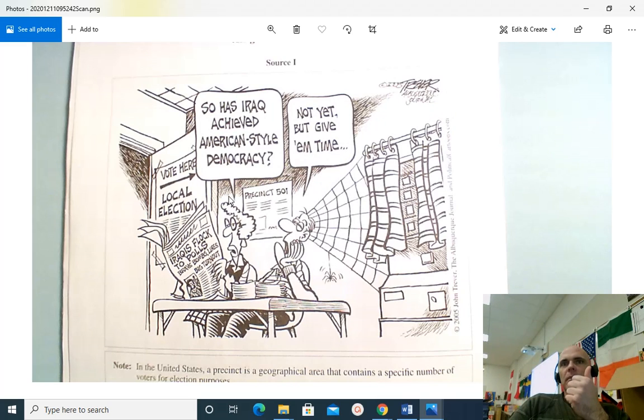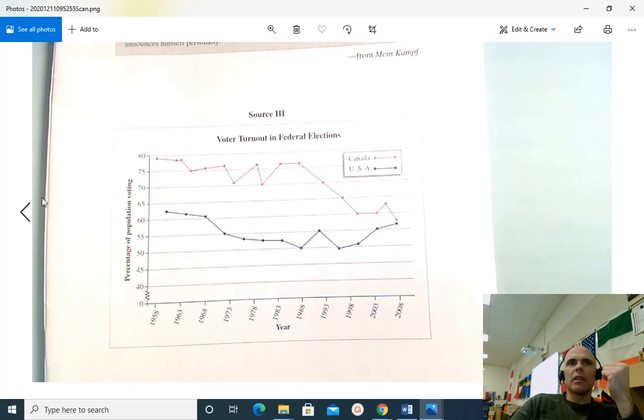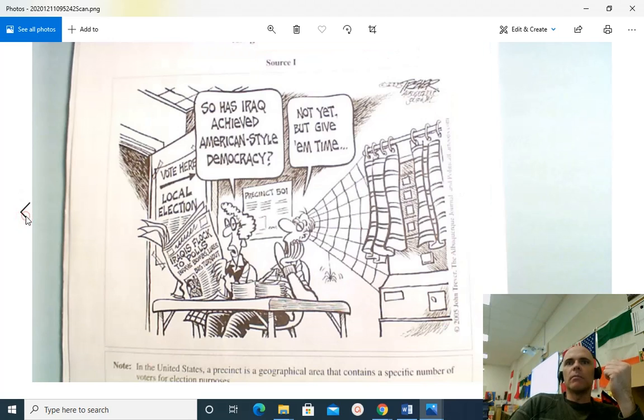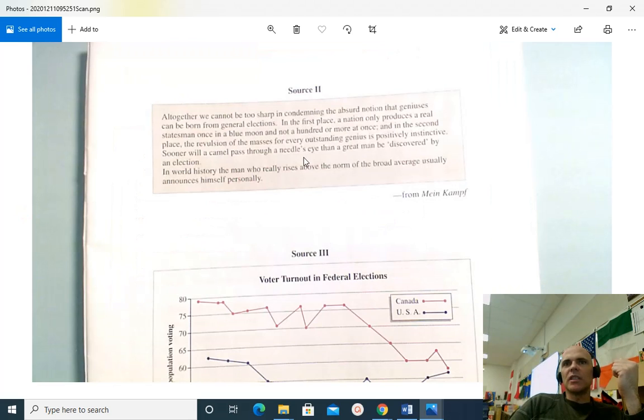Democratic elections are flawed because of apathy, because of lack of ability, and again because of apathy. The problem shown in source 1 is being illustrated with the trend in 3. But the voice behind 2 would say that the masses not wanting to vote or not voting is not really a problem.